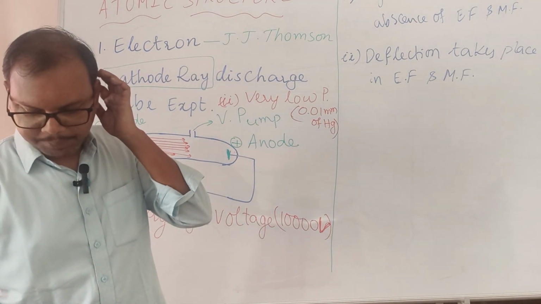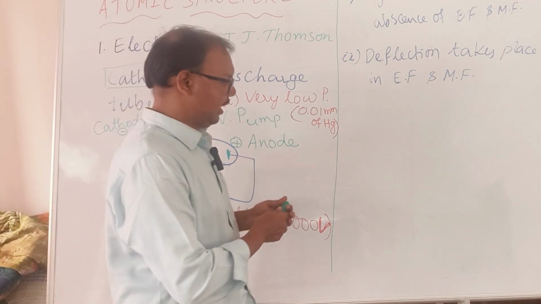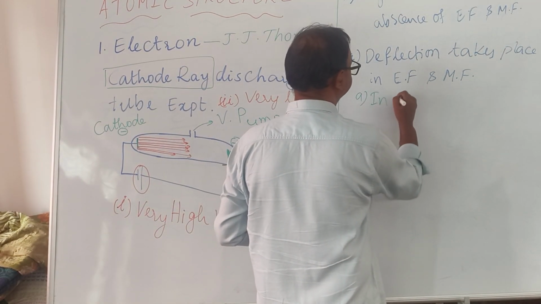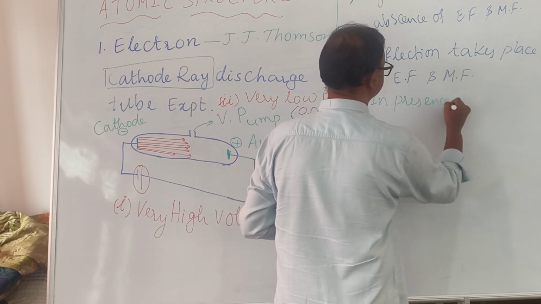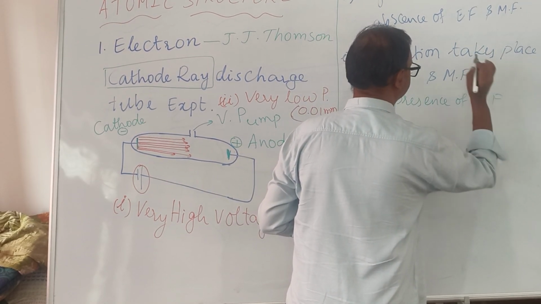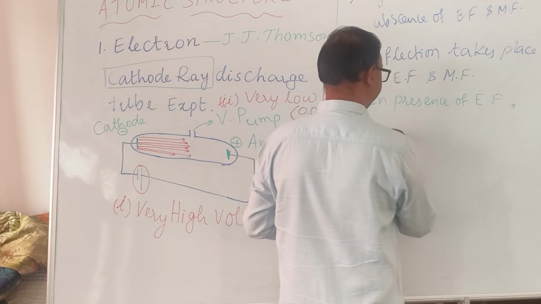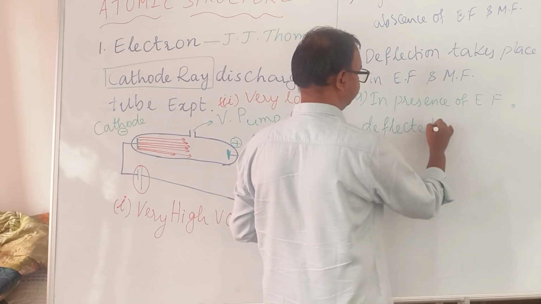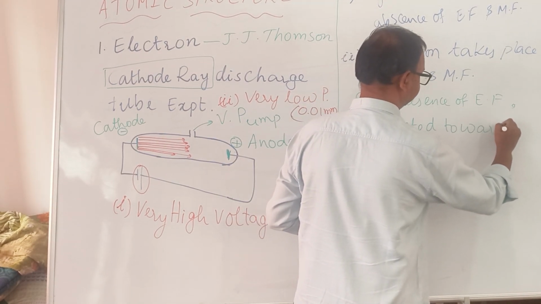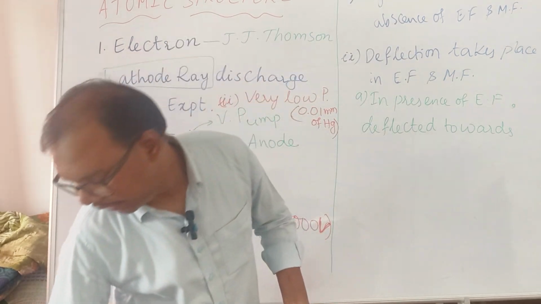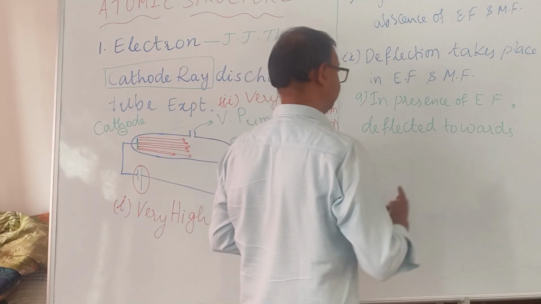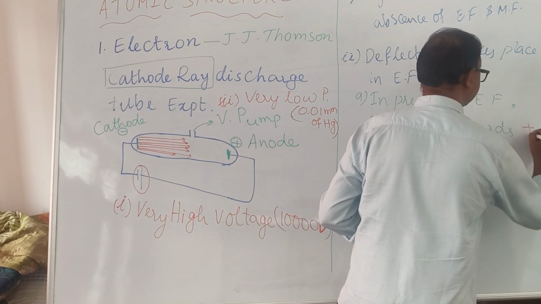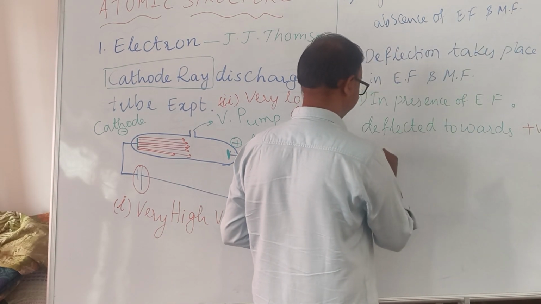In presence of electric field, they are deflected towards anode. It is important. Why are they deflected towards the positive terminal of the electric field?